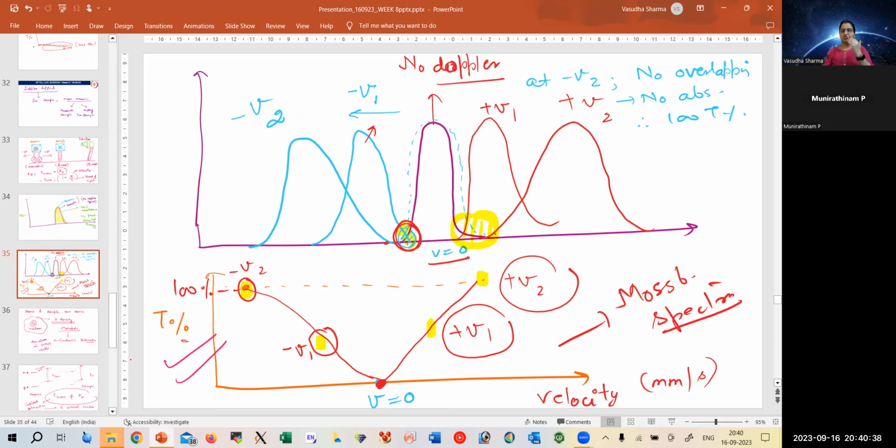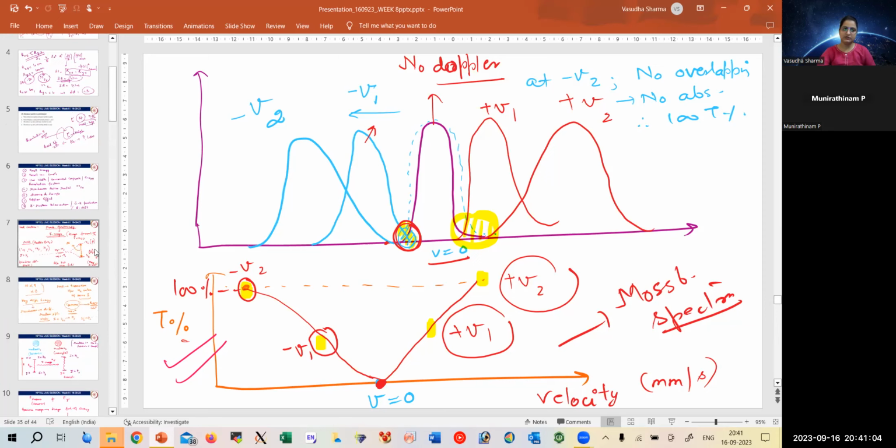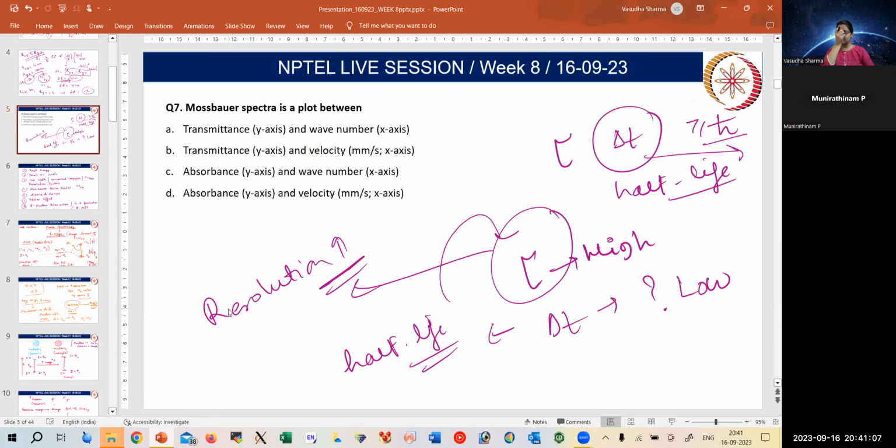If it is going to show the absorbance value, we can calculate the absorbance also, but actually the detector is taking up the transmittance value only. Whatever amount of energy is being transmitted, that is what it will show. So depending on the detector, we get a Mossbauer spectrum between transmittance, or the number of counts, on the y-axis and the velocity on the x-axis, and the velocity has millimeter per second units. So that is also important. Understood up to this point? We can convert transmittance into absorbance, but generally Mossbauer spectra is the number of counts or transmittance versus the velocity. So the B option.